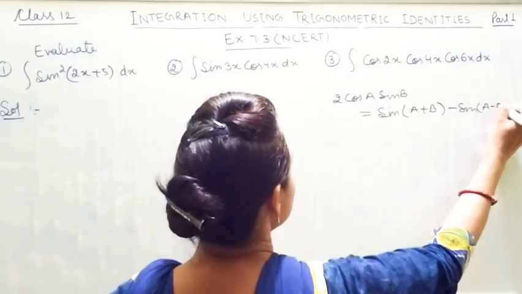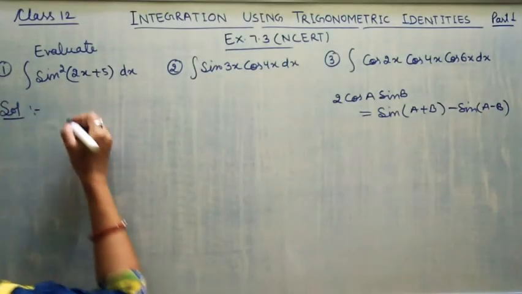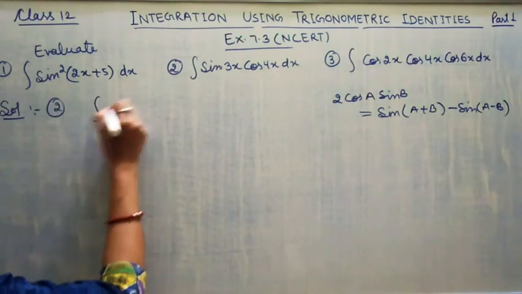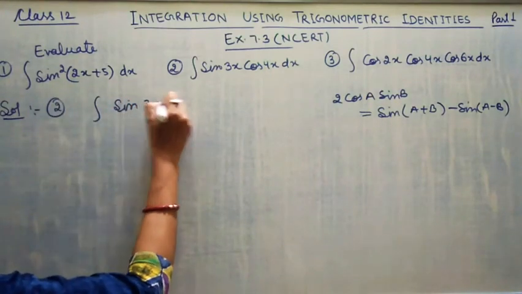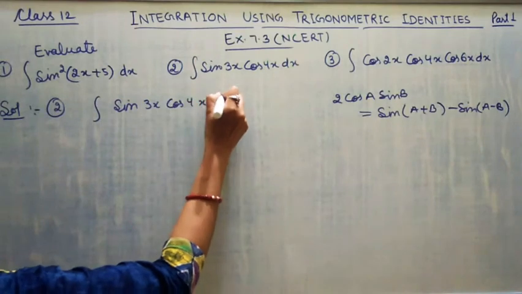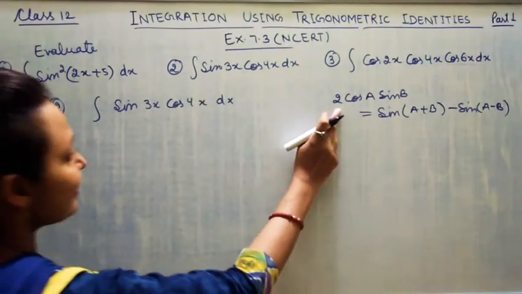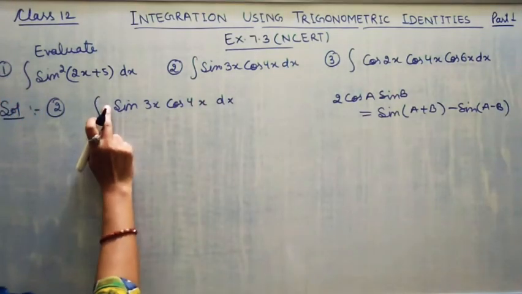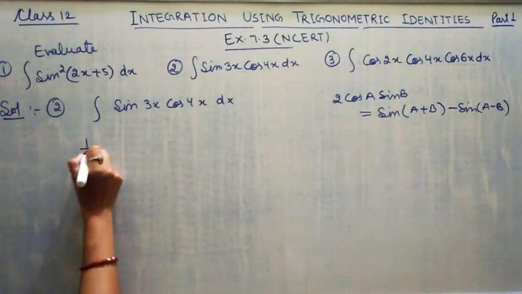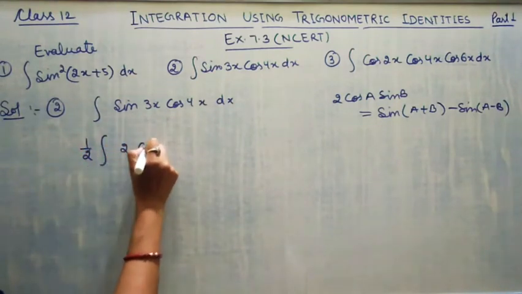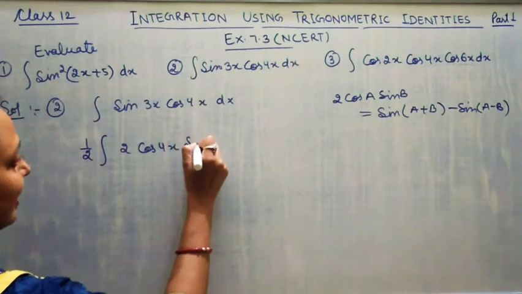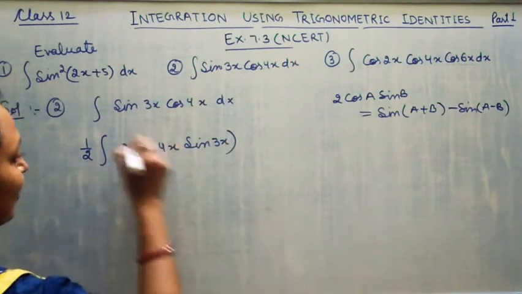But for applying this formula I want a 2 along with this term, so I will divide and multiply by 2, and I will write cos 4x sin 3x.